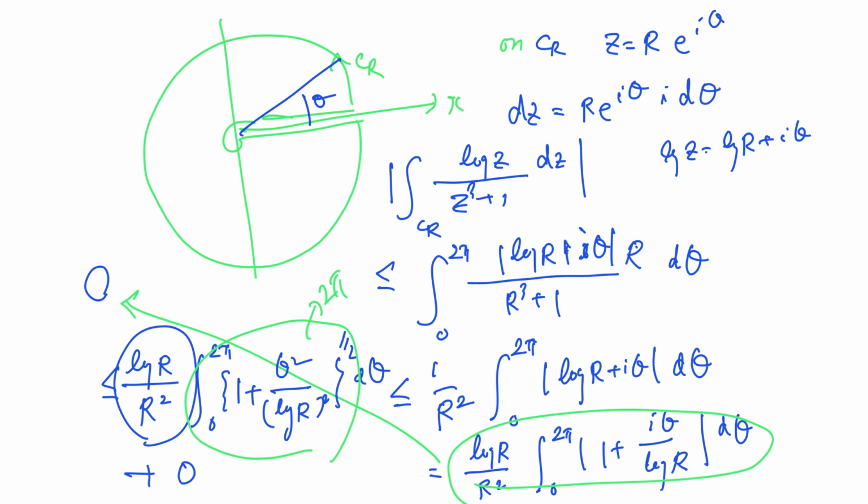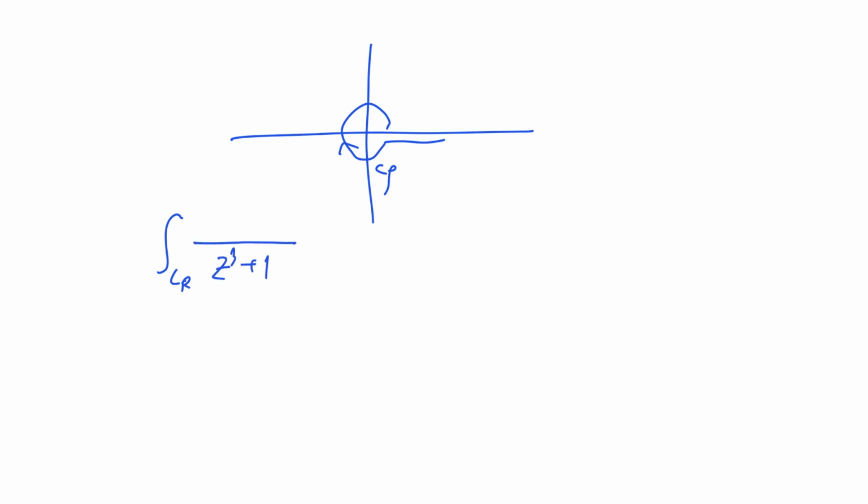Now the other integral, this integral. The rho exponential I theta, dz is rho exponential I theta, I d theta.